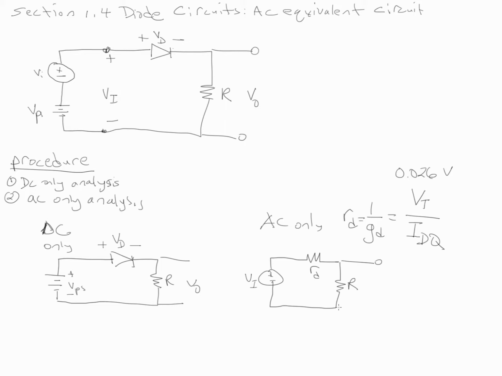And this is, again, our small signal output. And so RD is equal to the small signal resistance.